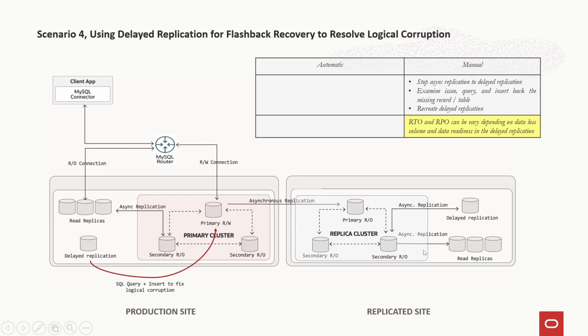We need to restore one by one, right? But if we have a delayed replication, it's easy. We can just stop replication in the delayed replication, export using MySQL shell, and then import into the primary to recover the data. Because the delayed replication will delay the execution of the transaction.